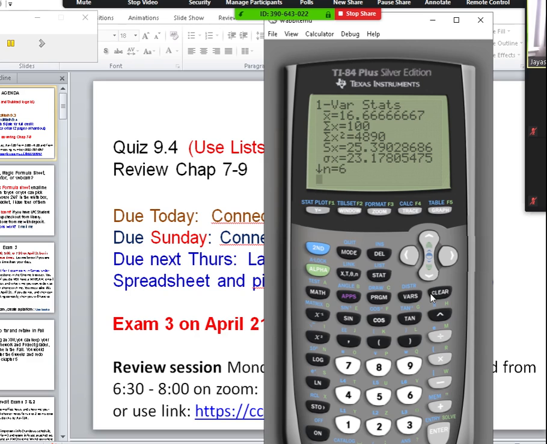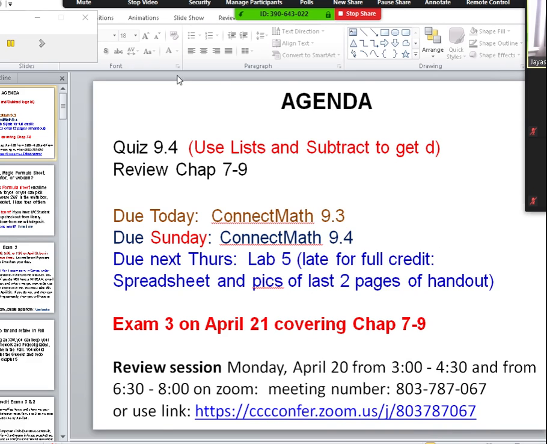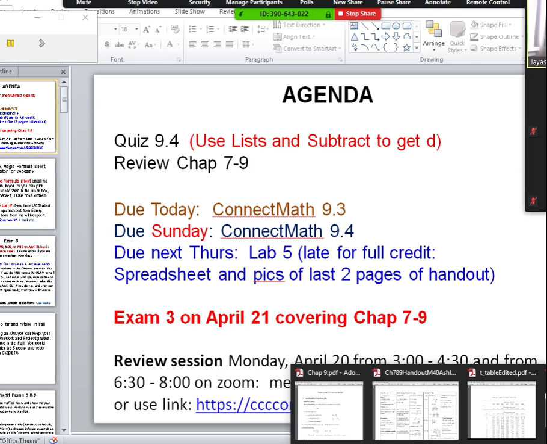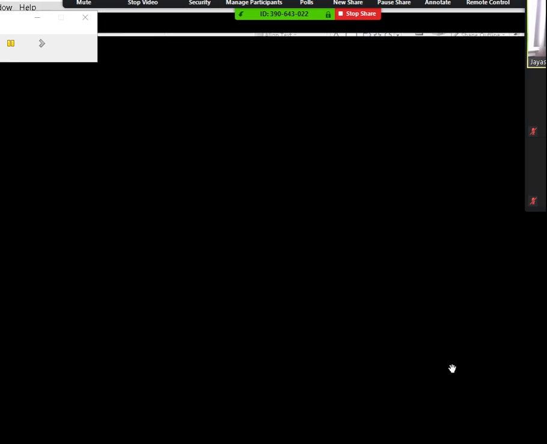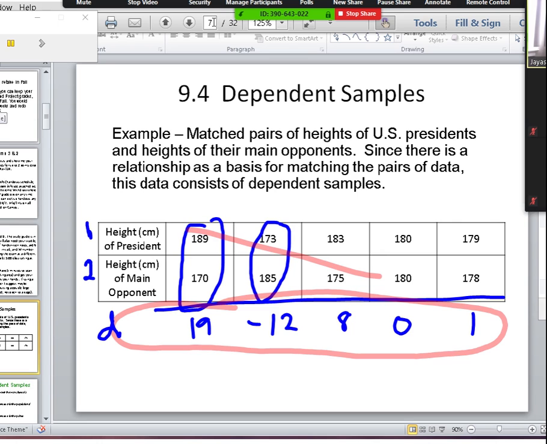So you're saying that your problem is slightly different. Let's see. So when I hit L1 minus L2, and then I hit enter, it gives me minus 190 or some number.